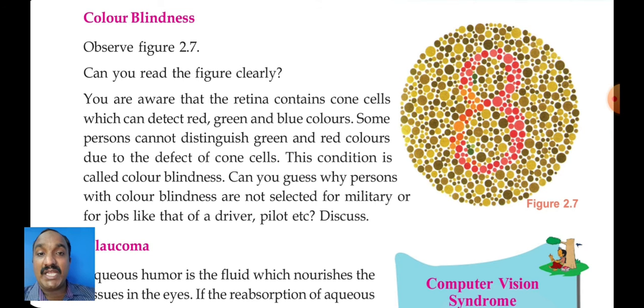In the case of a pilot also, all the information is given with signals at the time of landing and takeoff. So if the pilot has this disease, there will be chances for accidents. In the army also, many messages are transferred through signal lights.